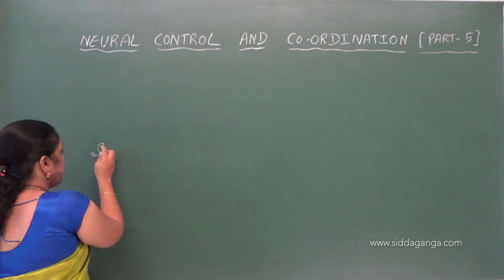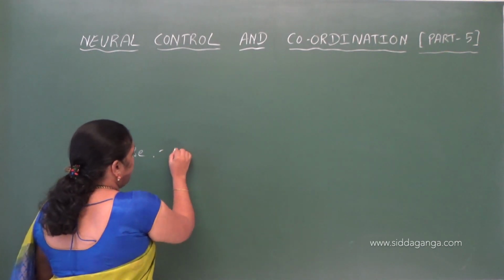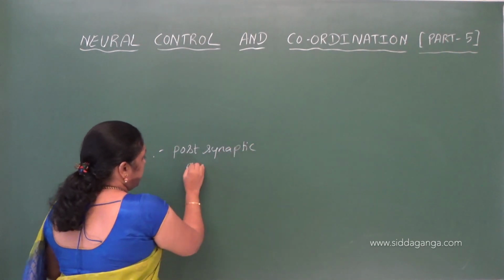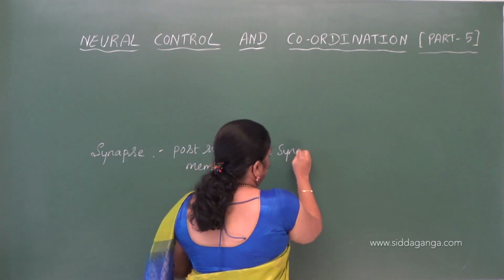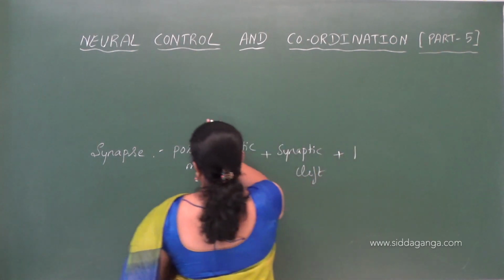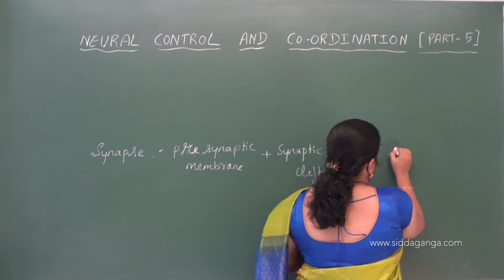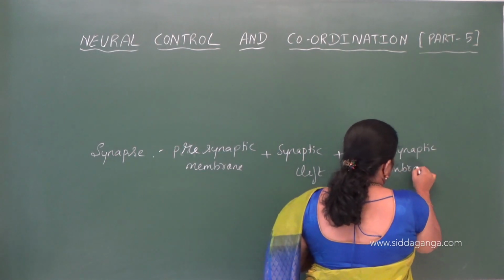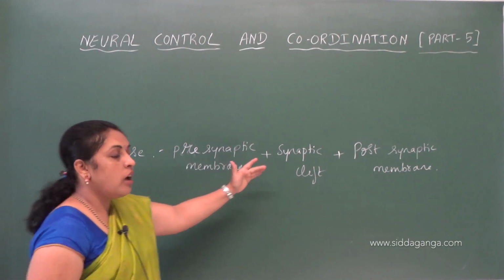That means it includes the presynaptic membrane of the axon, the synaptic cleft, and the postsynaptic membrane.